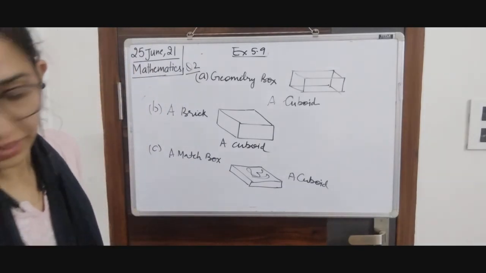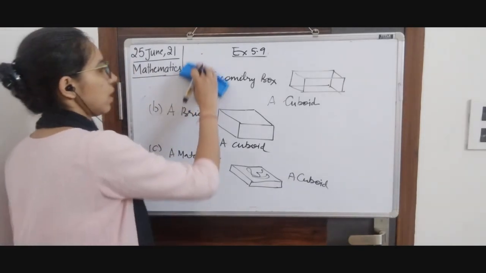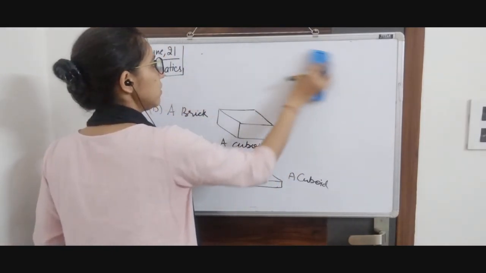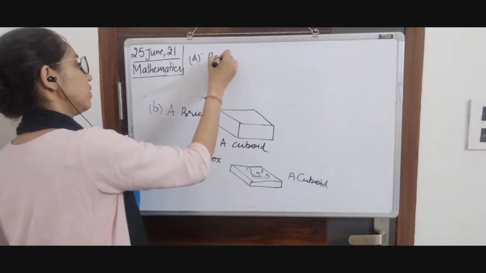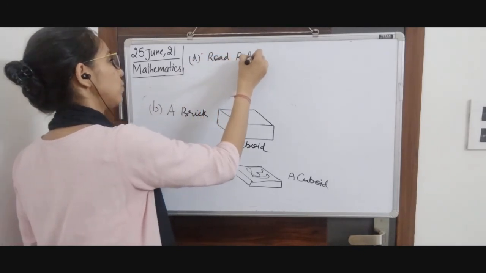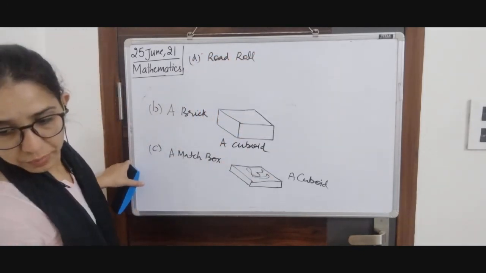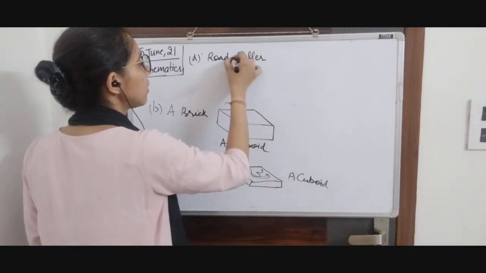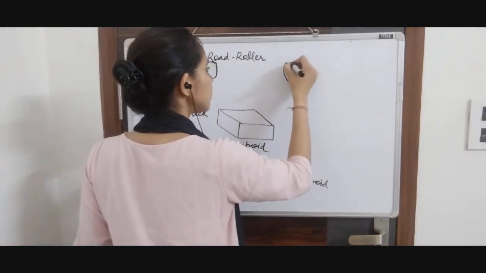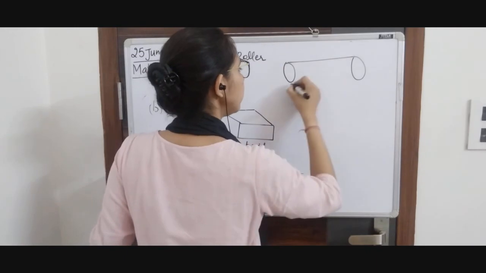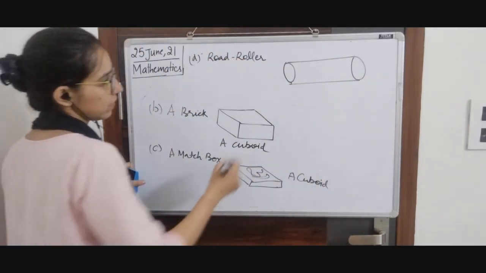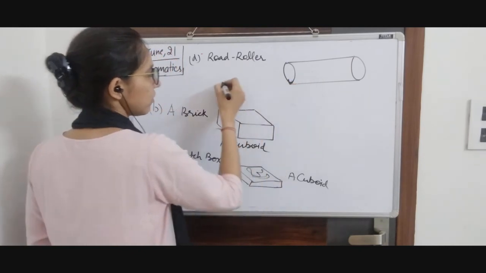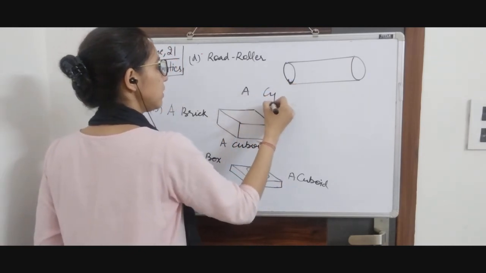Then the next one is a road roller. A road roller is something like this, okay? If you have seen this kind of figure before, it is a cylinder.